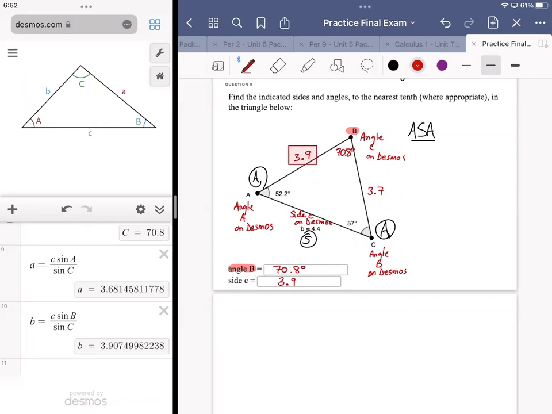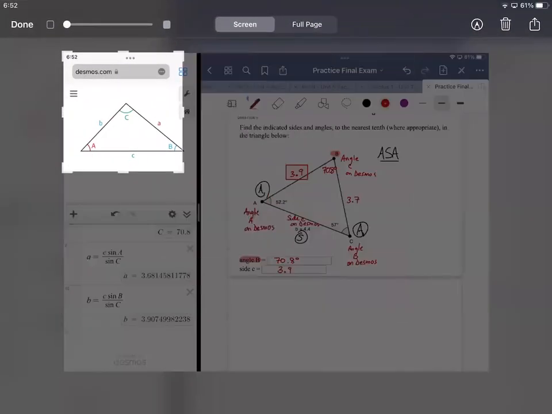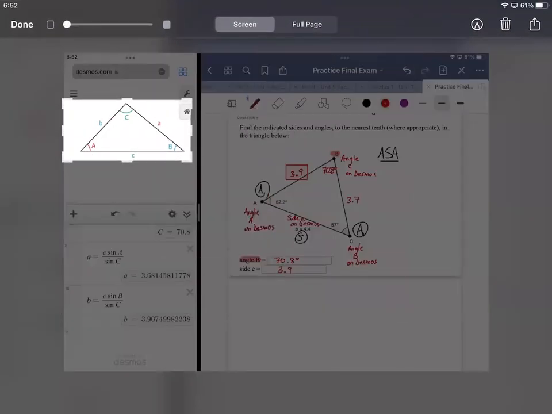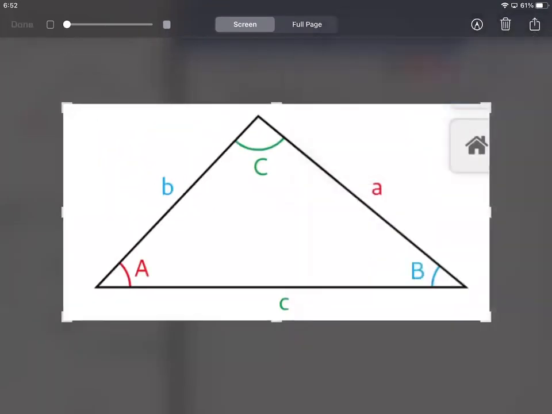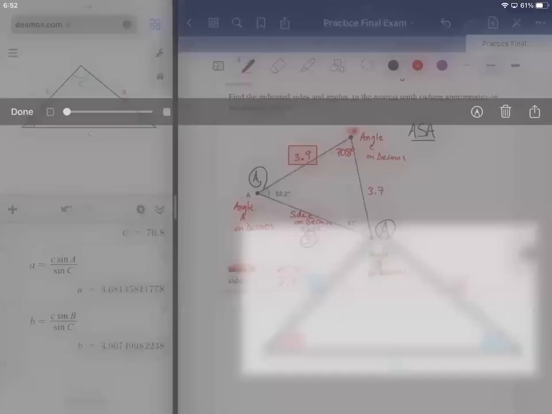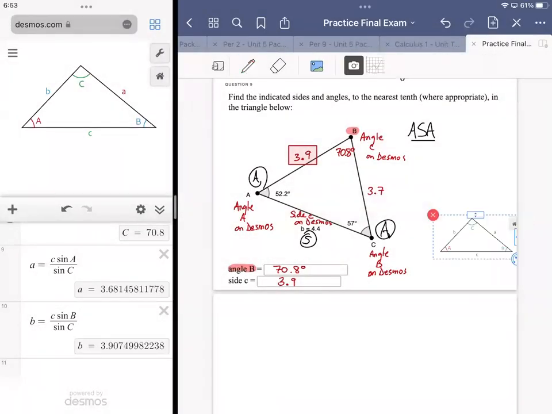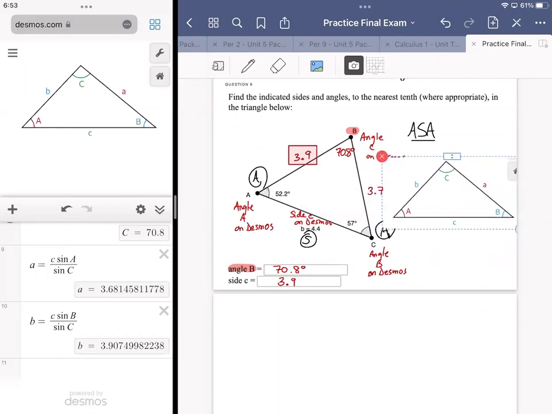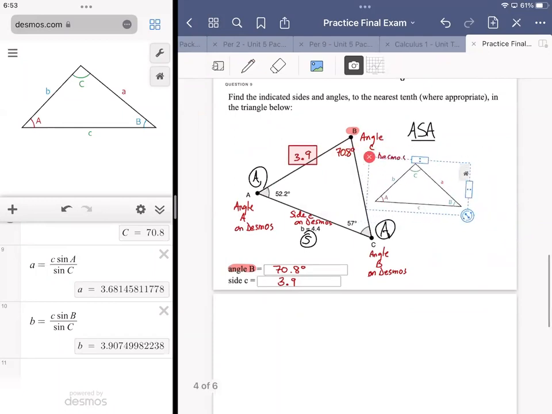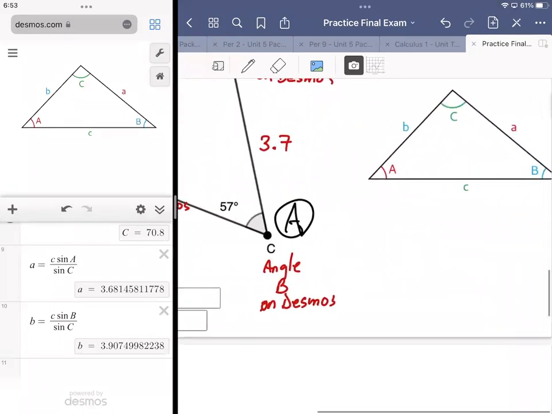Right, but that's on Desmos. So that would correspond to side B. Let me just get this diagram in here. All right, so this is the one on Desmos. They're telling us that this side is 3.7.